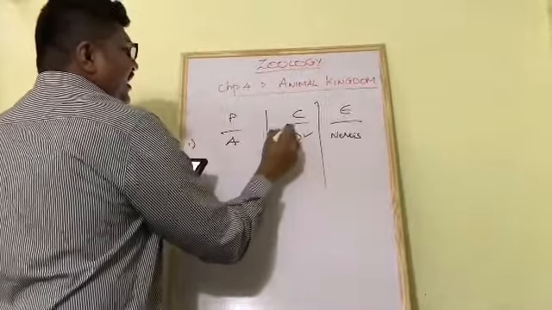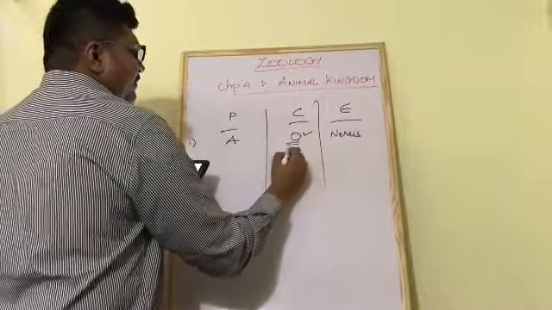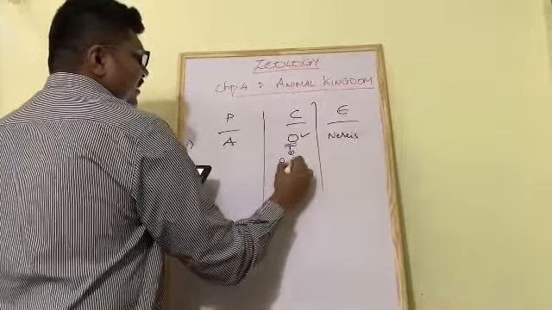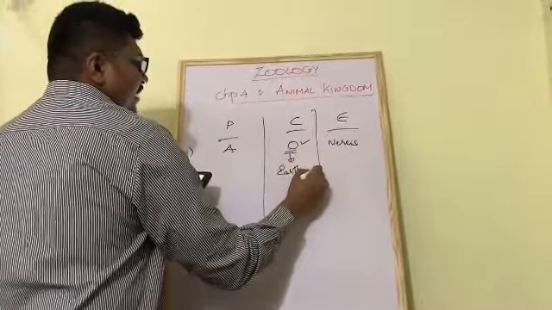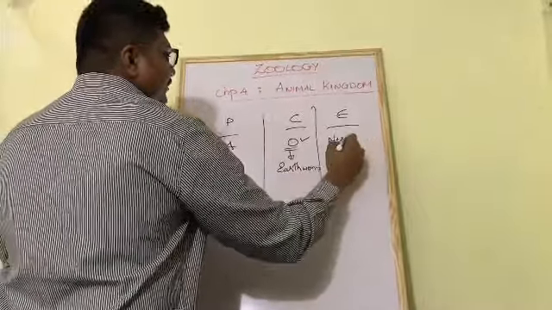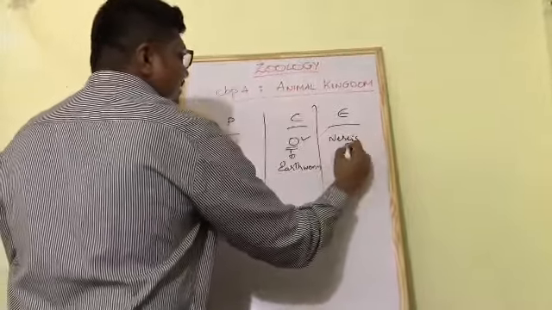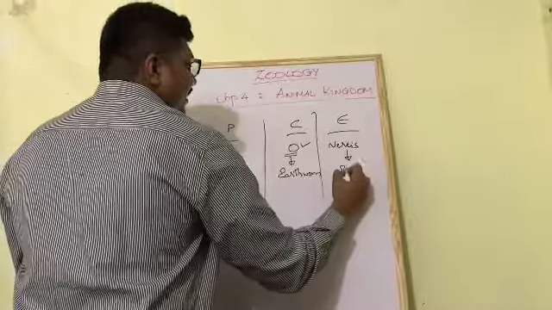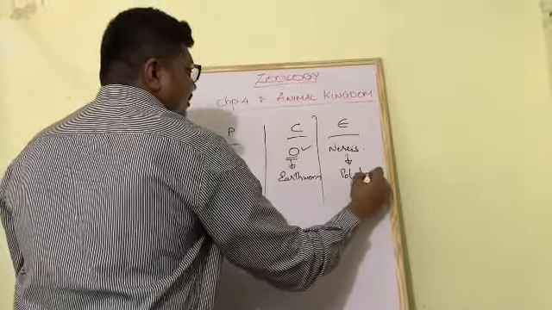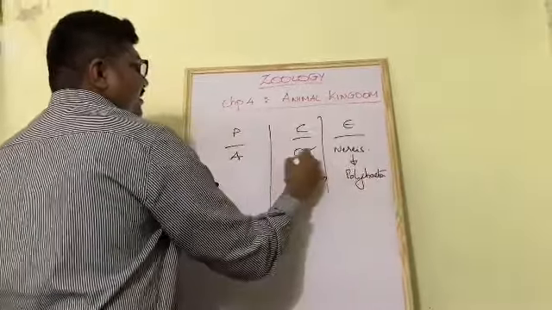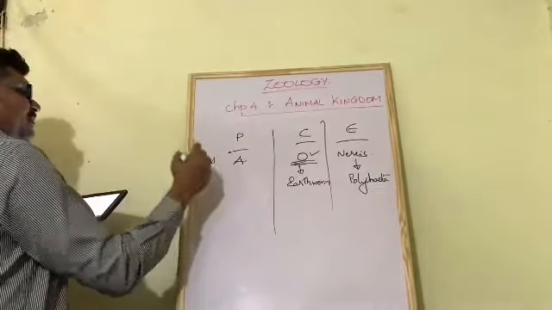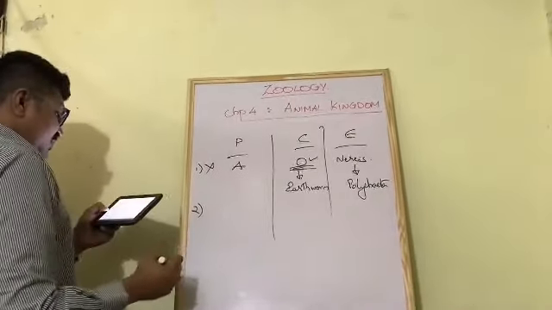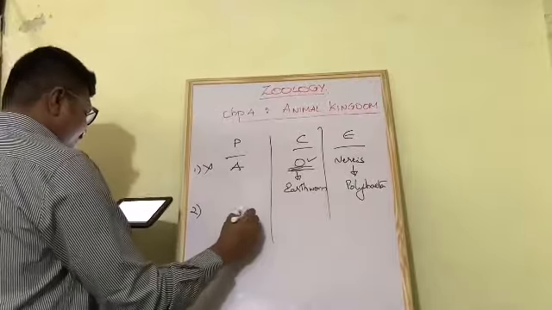Now for class Oligochaeta, example will be earthworm and not Nereis. And if it is Nereis, then the class is going to be Polychaeta and not Oligochaeta, the way it is written here. So that is the reason why option number 1 is wrong. Next comes option number 2, which is Mollusca.